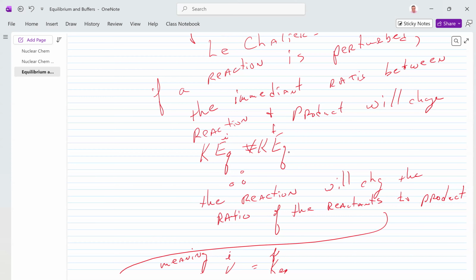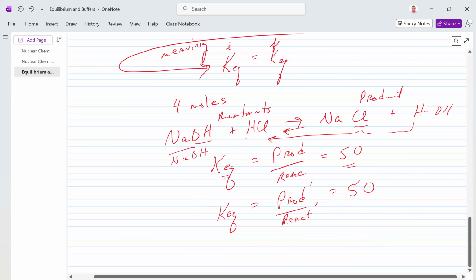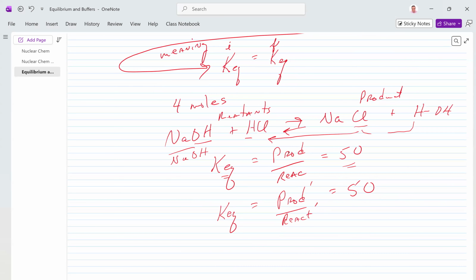In this case, it was 50. So we throw in anything here, and this is going to go back and forth till the new KEQ is equal to the old KEQ, by manipulating the ratio of product and reactants, so this ratio is maintained.